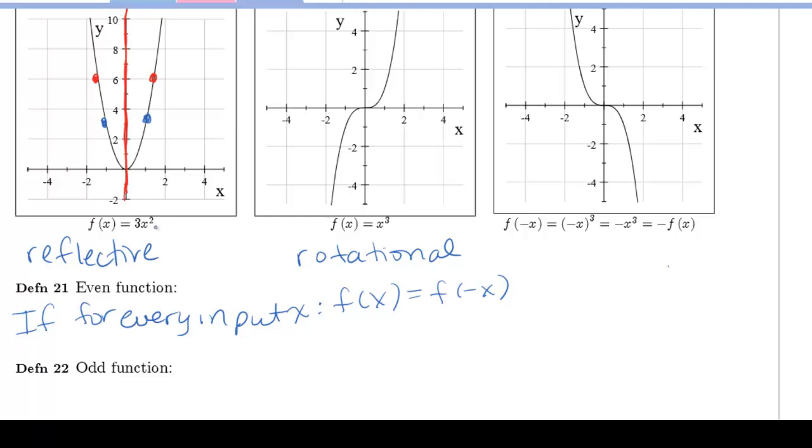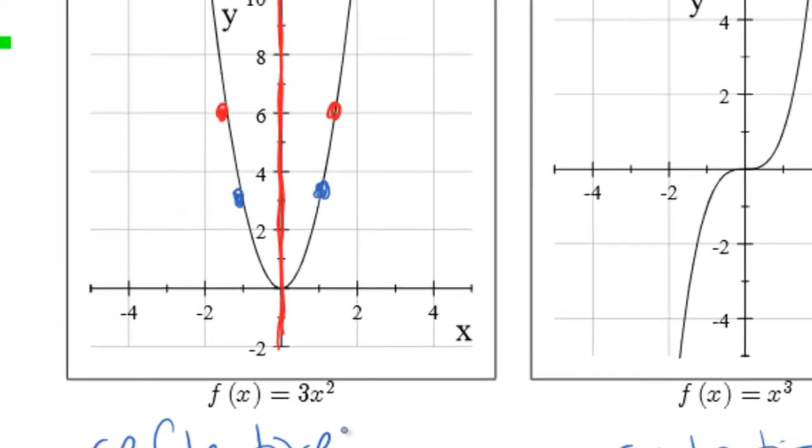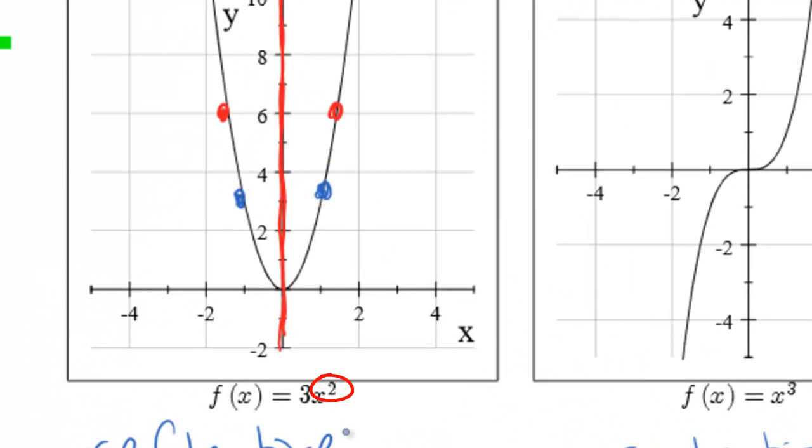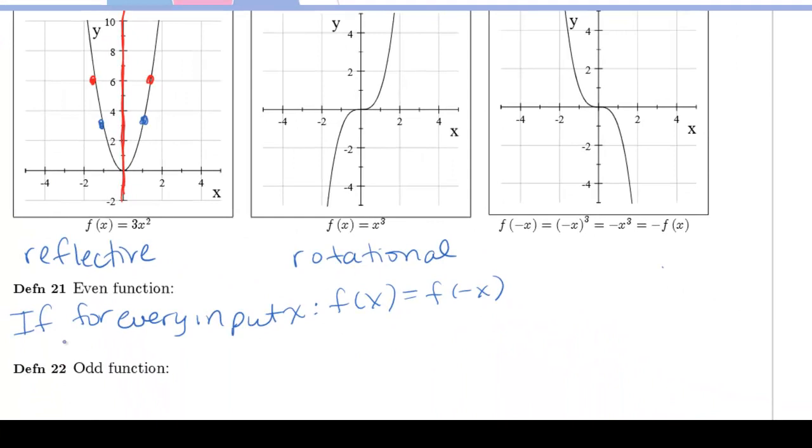Another way to kind of easily tell is that this has an even exponent, x squared, and so that is an even function. We also say that this is symmetric about the y-axis. So again, like I said, you're folding it in half along the y-axis.